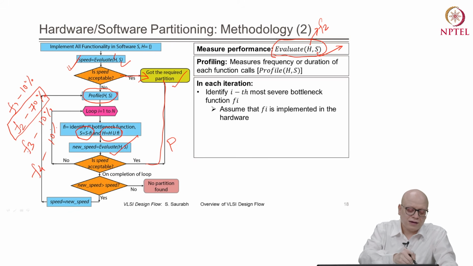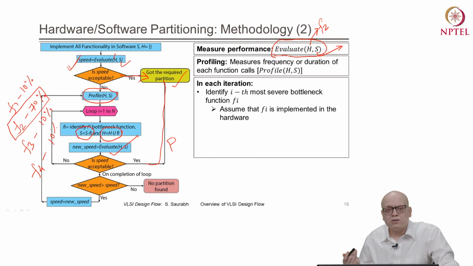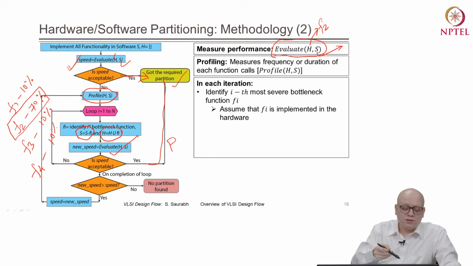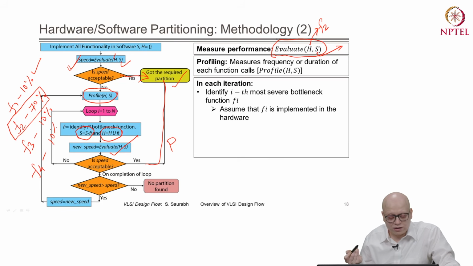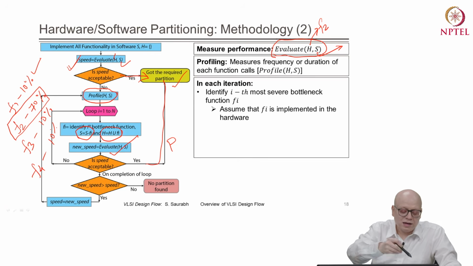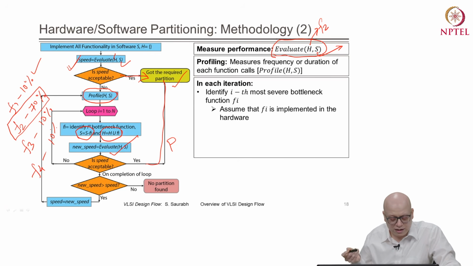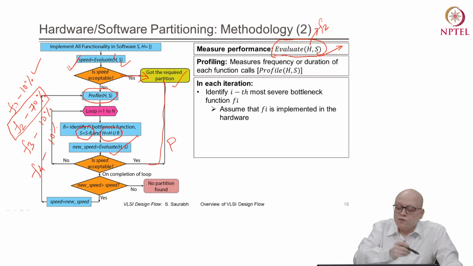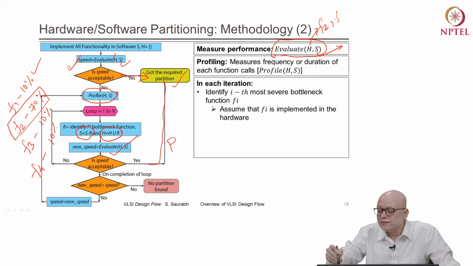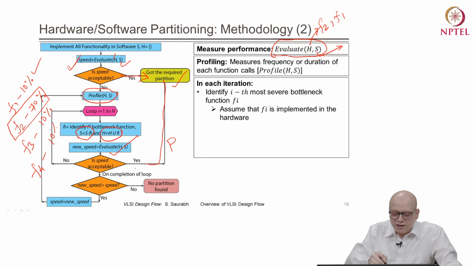In this case f1, f3, f4 all have equal percentage, so in the next iteration any one of them can be picked, say f1. The first appearing function, when the percentages match, will be taken. Now we move f1 also into H and then measure. If the speed is acceptable, we are done.